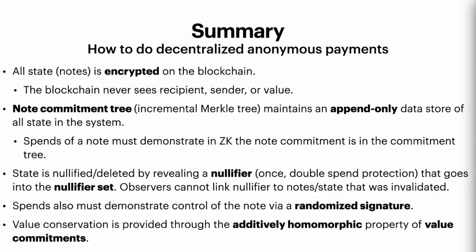State gets deleted by revealing a nullifier only once, which goes into the nullifier set. Observers cannot link the nullifier to notes or state that has been invalidated. Spends must demonstrate control over the note via a randomized signature. And value conservation is provided through the additively homomorphic property of value commitments. That is how decentralized anonymous payments work.